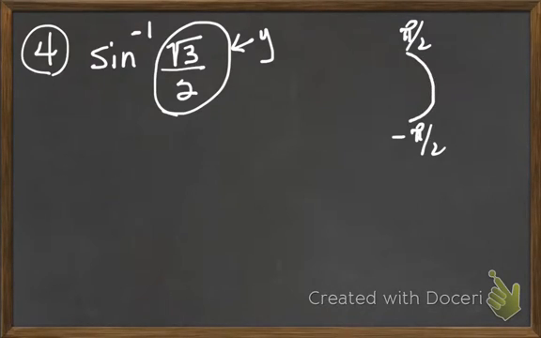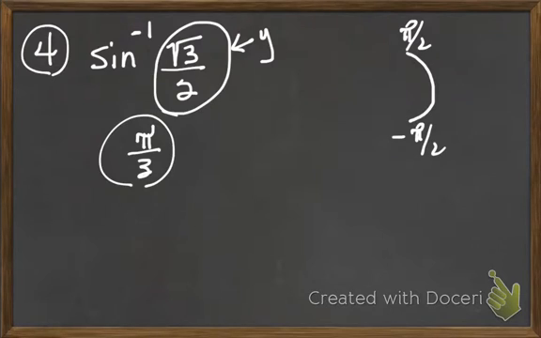What angle has a y value, and I know it's a y value because it's inverse sine. What angle has a y value of square root of 3/2? Yeah, let's practice radians here. You're right, pi/3. If our restrictions are pi/2 to -pi/2, then they want a radian answer for that. He said 60 degrees, and he's right, but they're wanting pi/3.